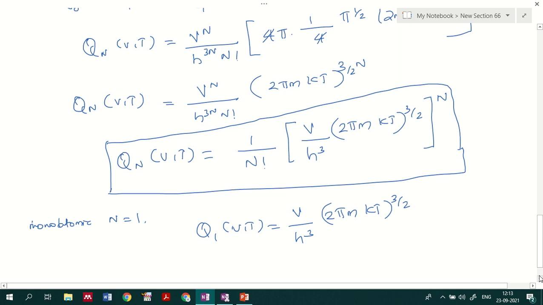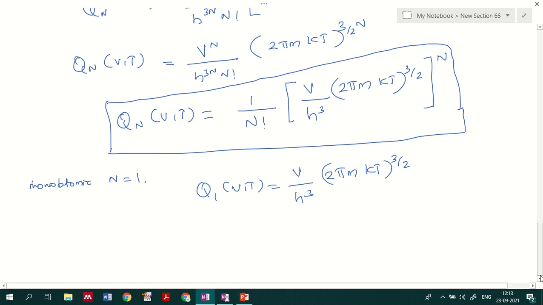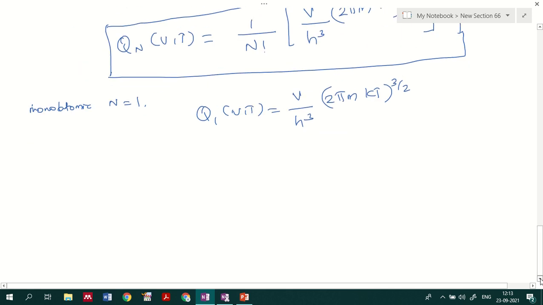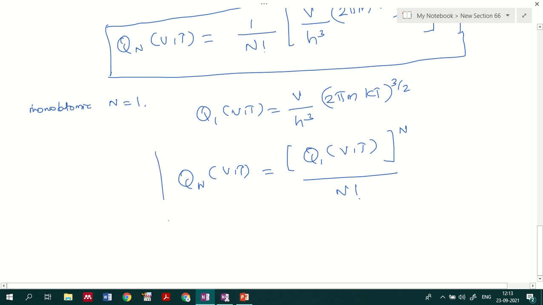Okay, now I can represent this above function. For example, if I want to consider Q_N(V, T) for N particles, I can represent this as Q_1(V, T) raised to N divided by N factorial. Okay, so in this fashion I could represent the above equation.